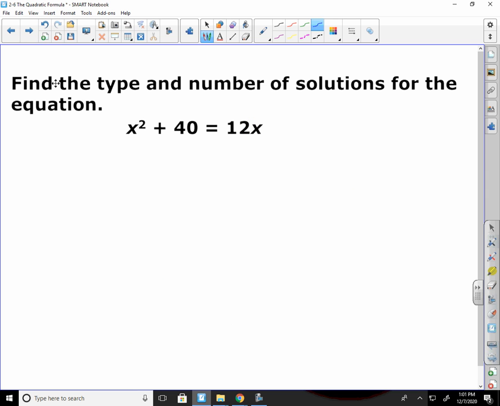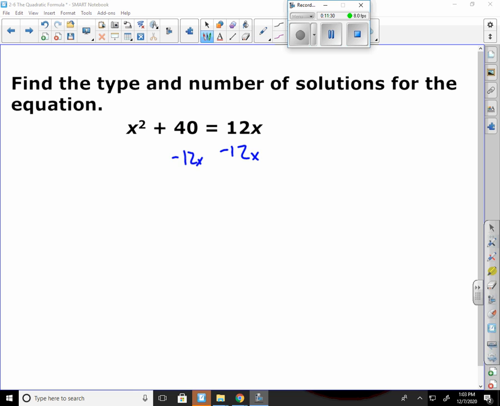All right, I want you to try this one, see if you can come up with the type and number of solutions for the equation. First, I have to get the 12x to the other side, just like before. So give me x squared minus 12x plus 40.